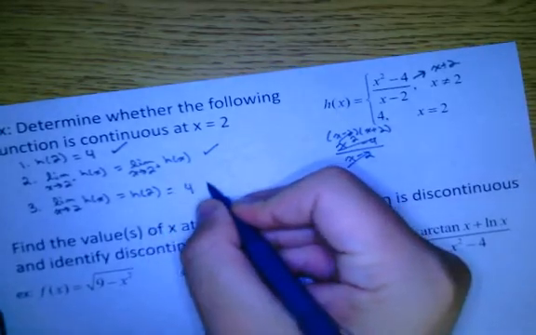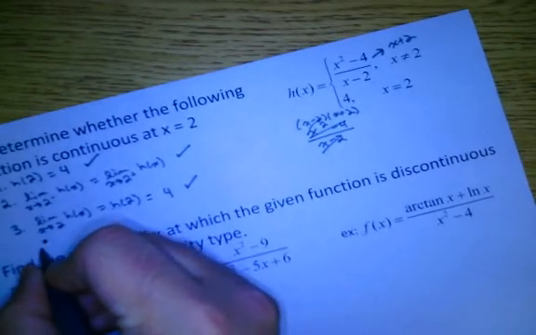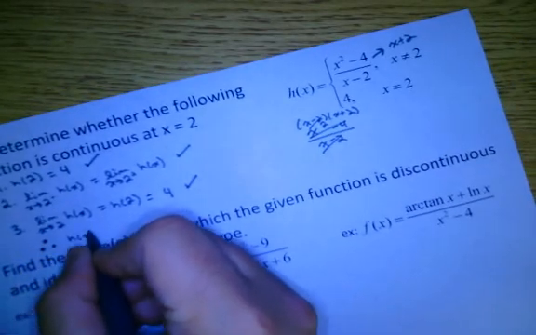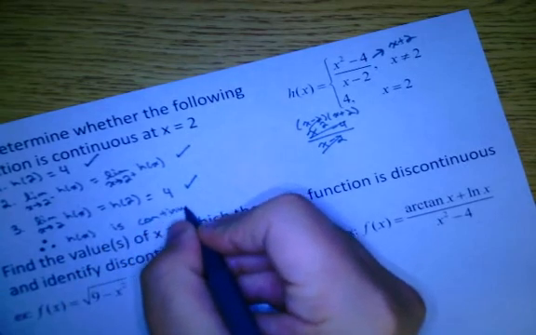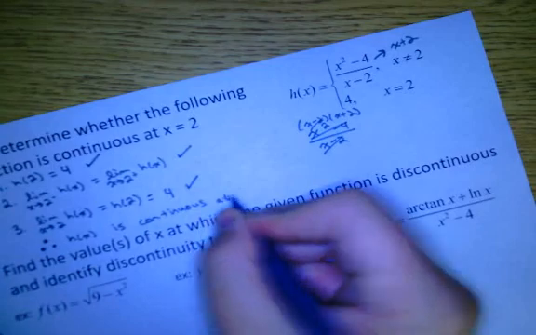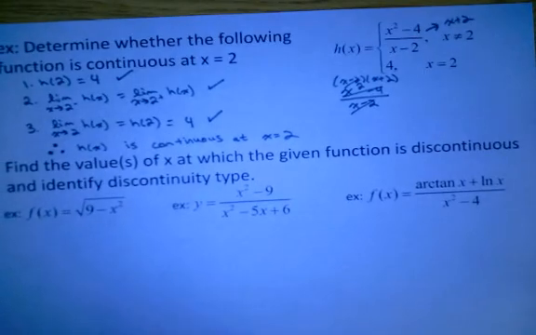So this equals 4. Boom. Therefore, h of x is continuous at x equals 2. Those are the three things I had to show for that example.